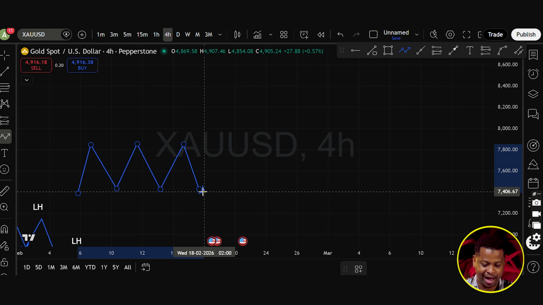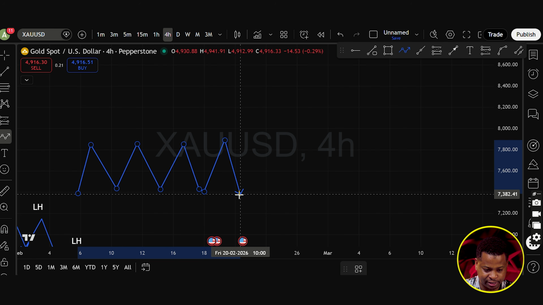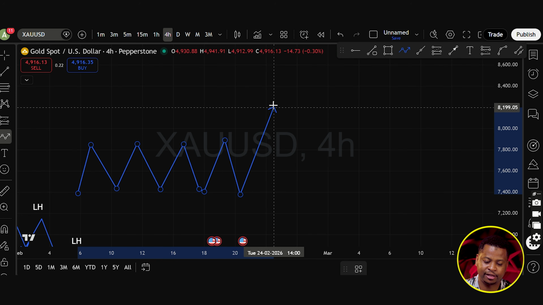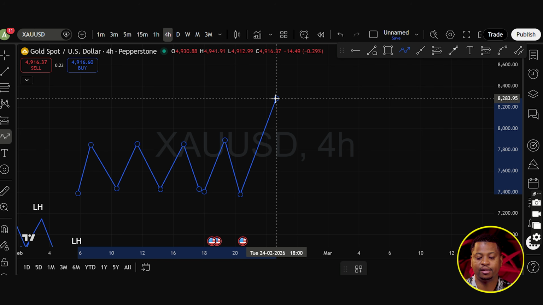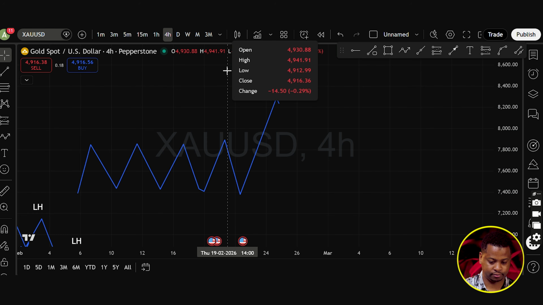Okay? So how do you know if this is an indication? And how do you know if the indication is actually valid? So you're going to see that the market is ranging from point A to point B. Then the market will do something like this. Okay? The market will form what we call a new high.